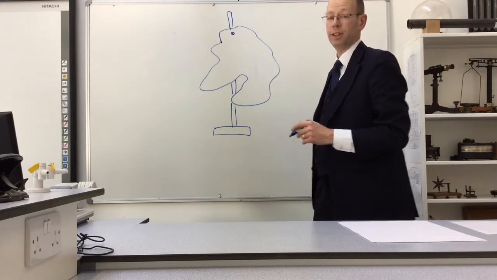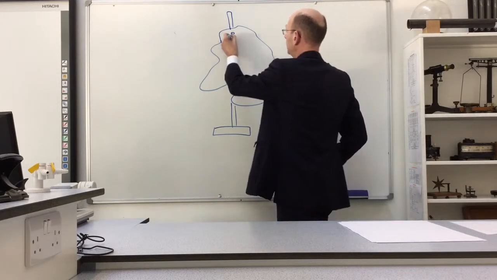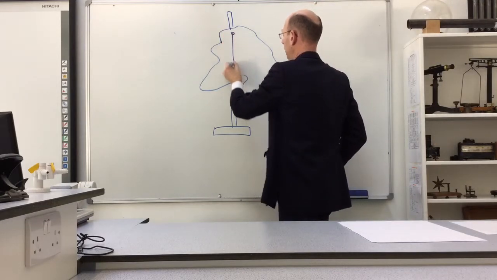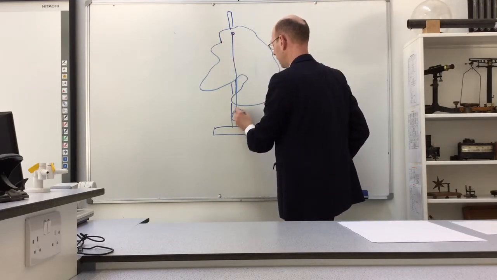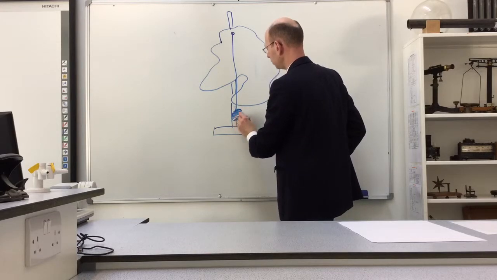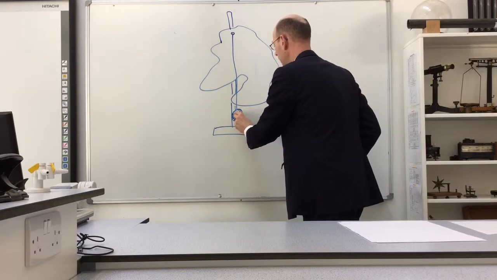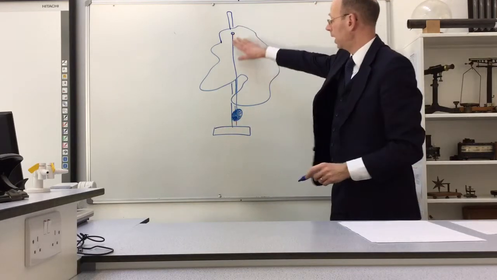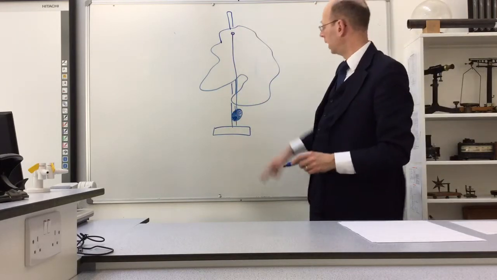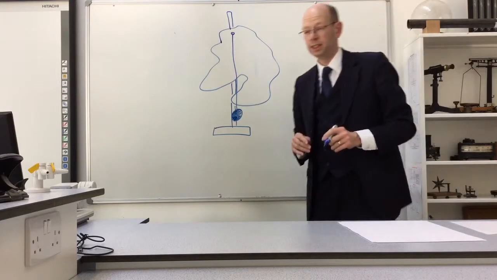So a nice easy way to determine where the centre of gravity is, is just to hang a plumb line down like that with a lead weight on the bottom. Okay, straight down, and then somewhere along that line the centre of gravity must lie. Well, it doesn't tell us exactly, does it?